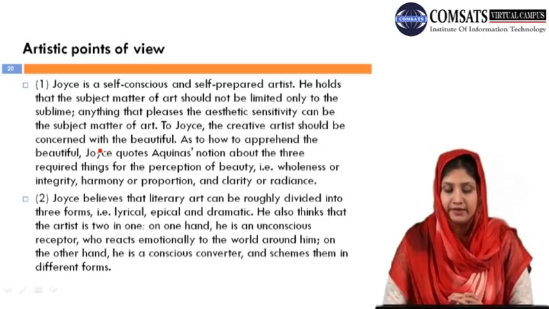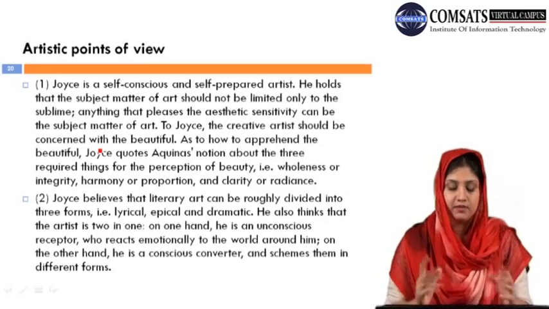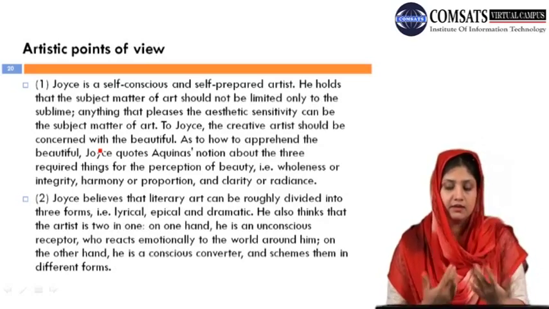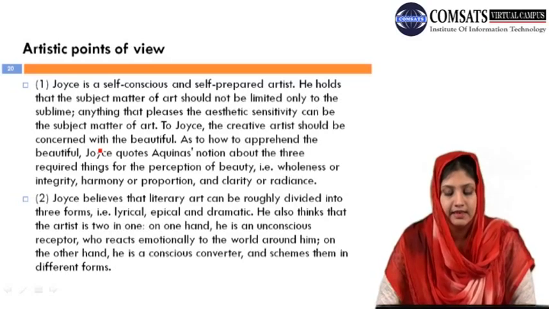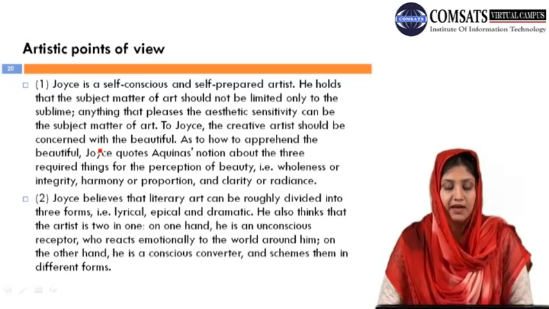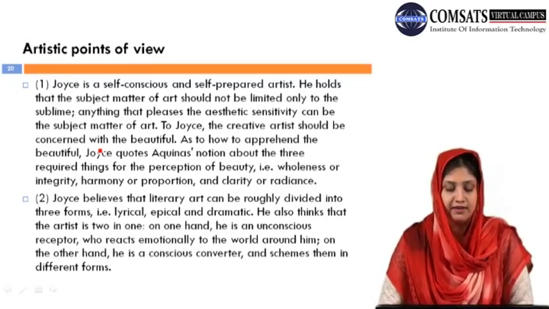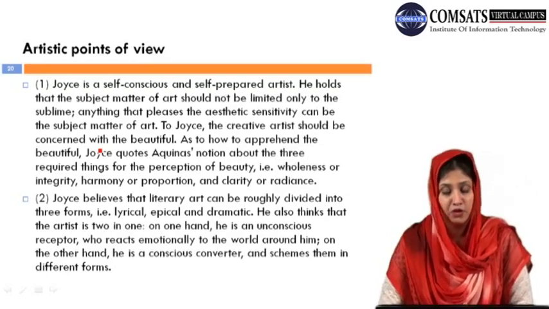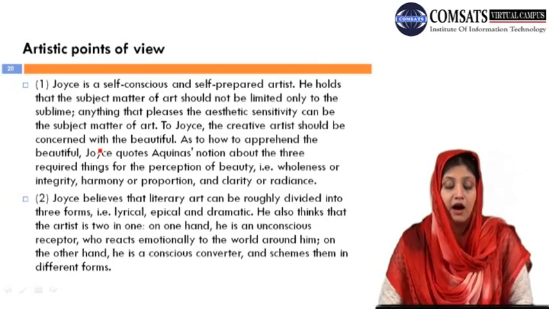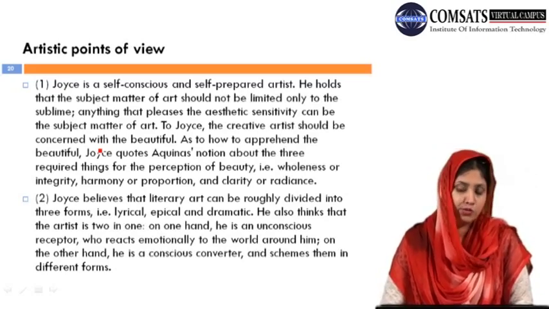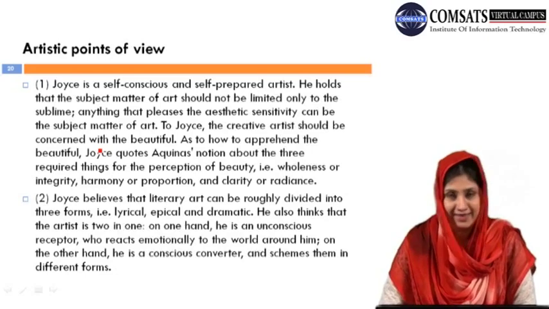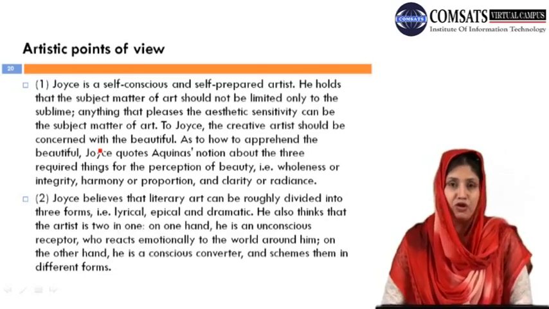However, what Joyce goes for, he says that a beauty has to have these things in order to be called beauty: wholeness or integrity, harmony or proportion, and clarity or radiance. If any phenomenon in the world has these three characteristics, that can be called beautiful.